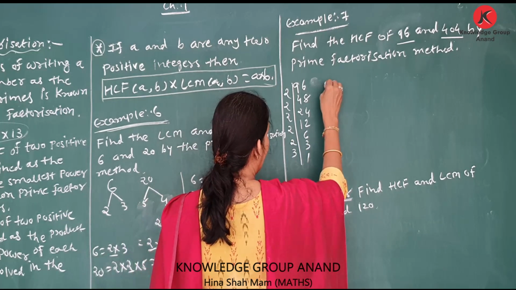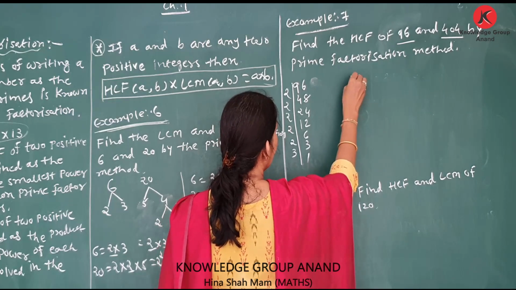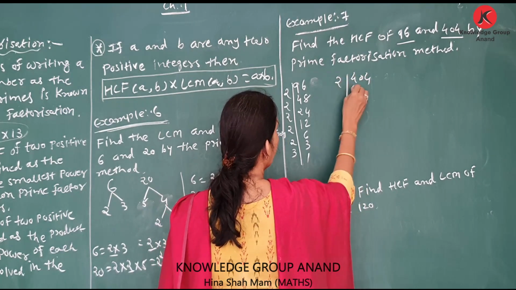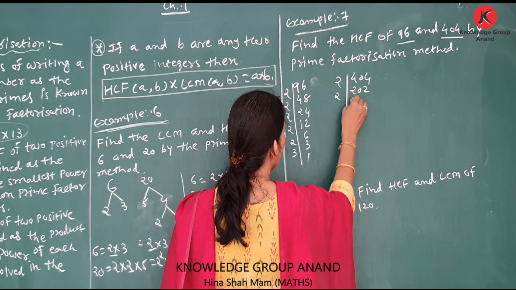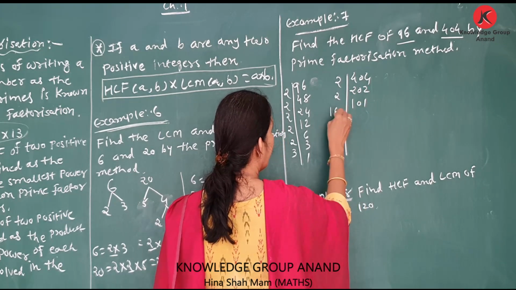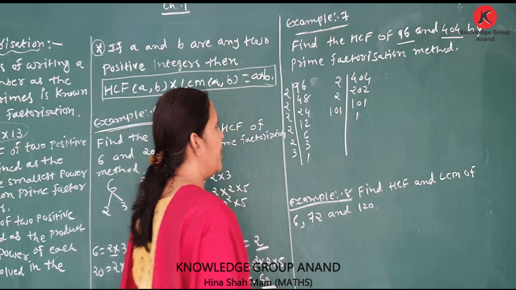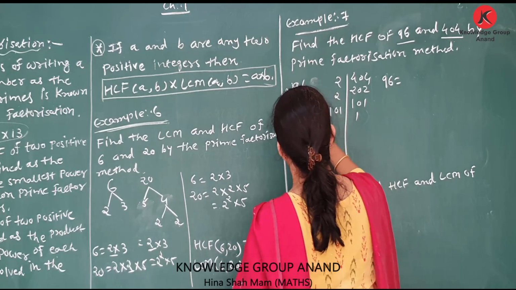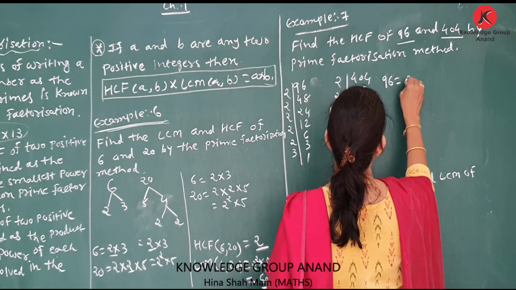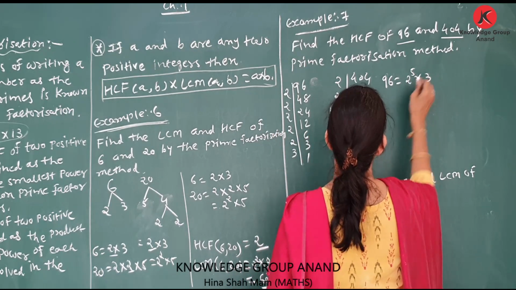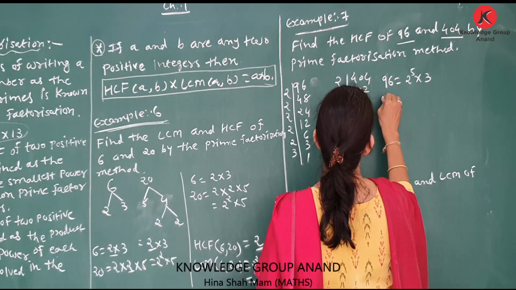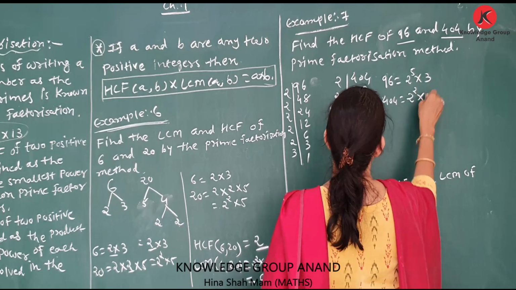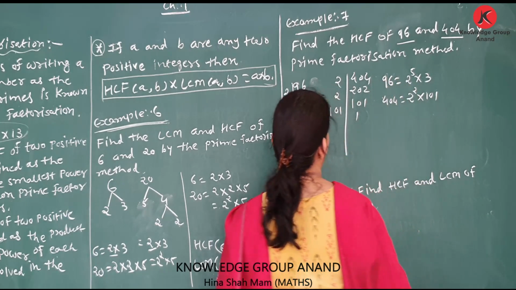You write 96 is equal to, and here 404. Then we write 2 202s, 2 101s are 202, 101 ones are 101. Here we write 96 is equal to 2 raised to 5 into 3, and 404 is equal to 2 square into 101.